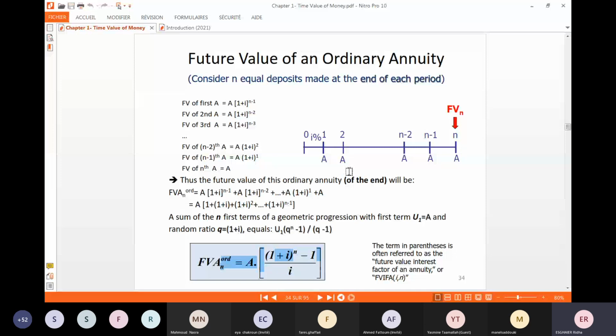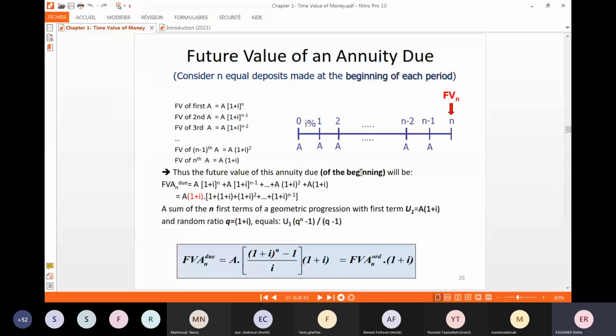We will have the future value of an annuity due now. The difference between an annuity due and an ordinary annuity, we said, is that the first deposit is made today. So all the deposits will be made at the beginning of each year, not at the end of each year.